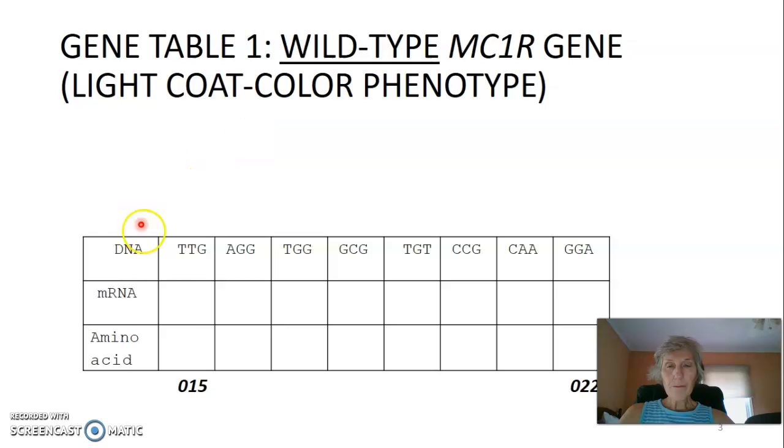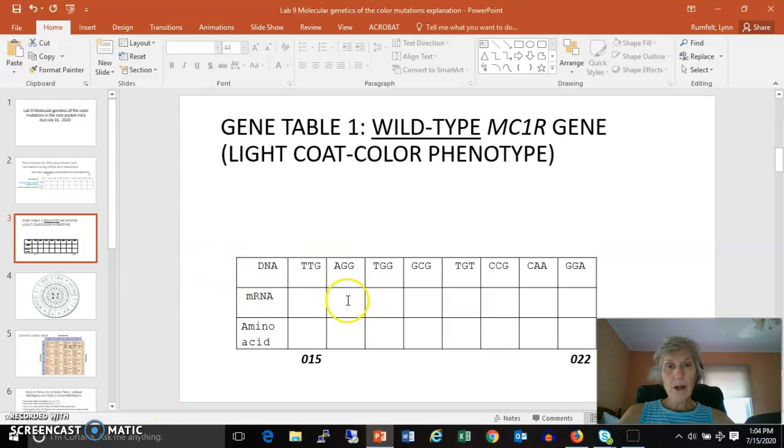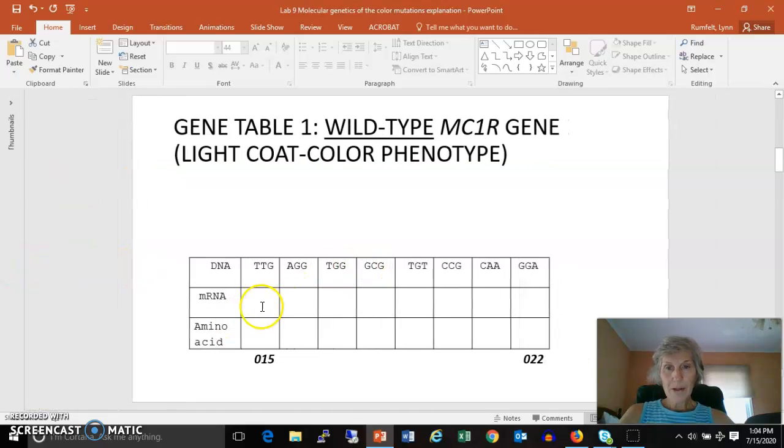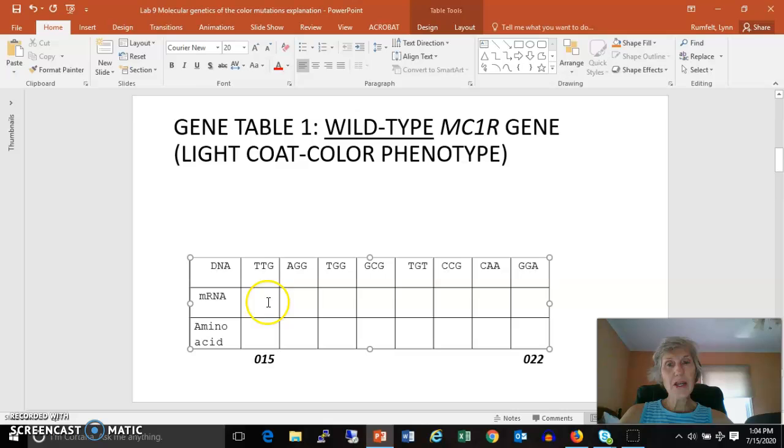So here we have, let me just stop this real quick. All right, so if we have a sequence here, and I've got TTG, and I have to write it in RNA, then I would write AAC.